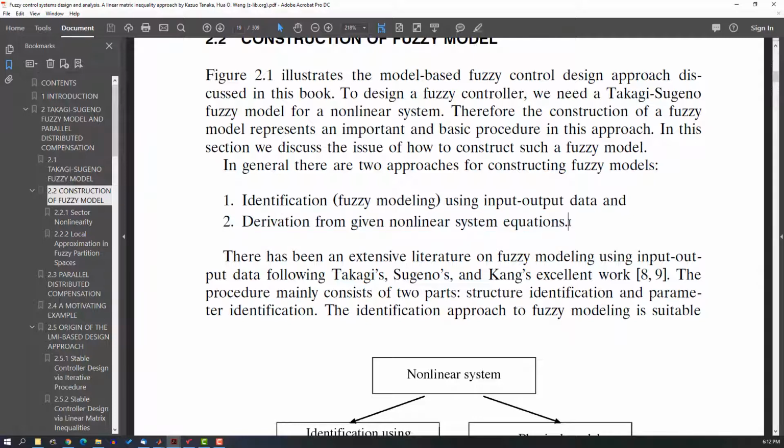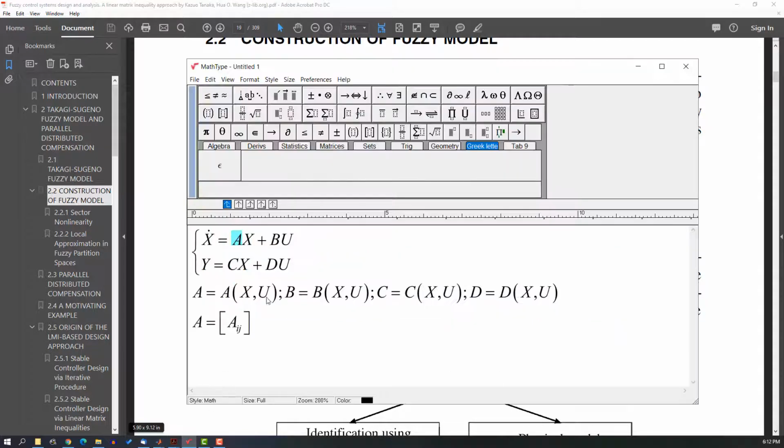So you fully understand your system, so you can draw a state space or something like this, and you already know how to express your matrices as a function of state, like this.